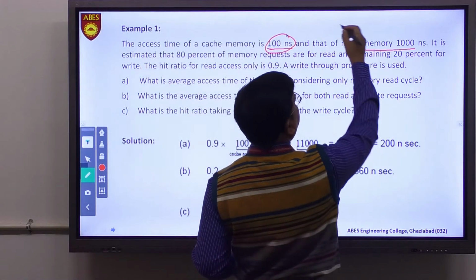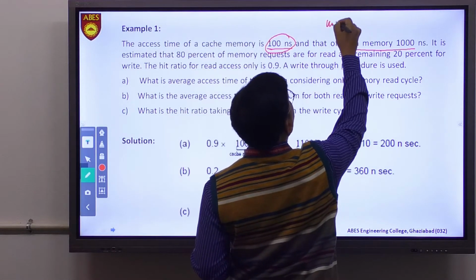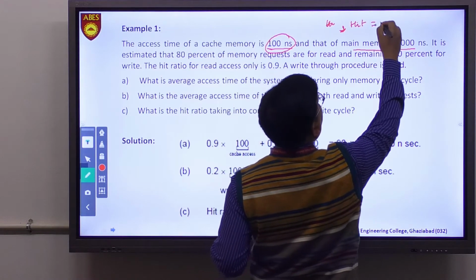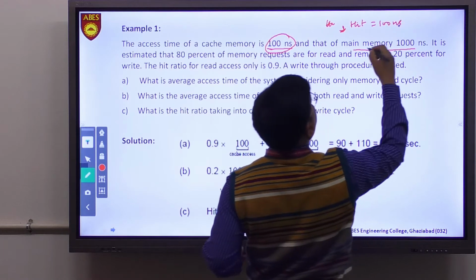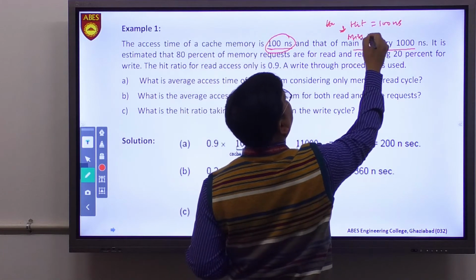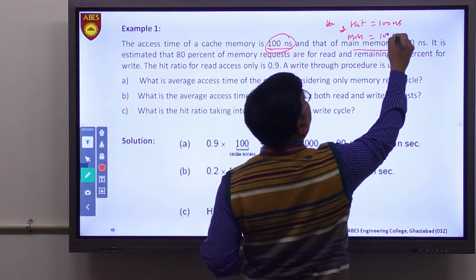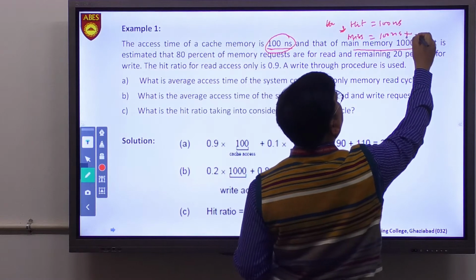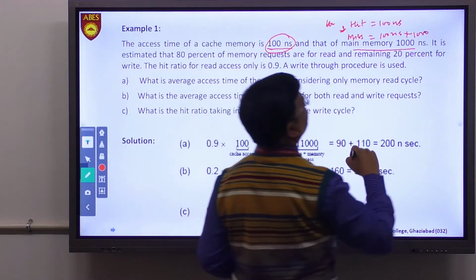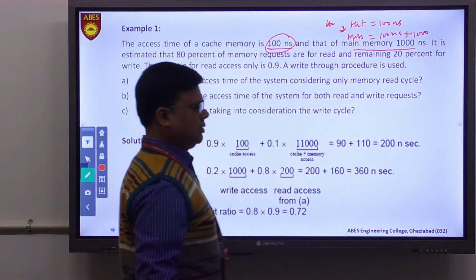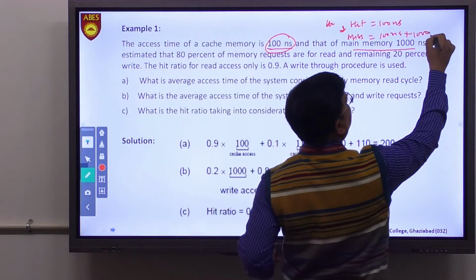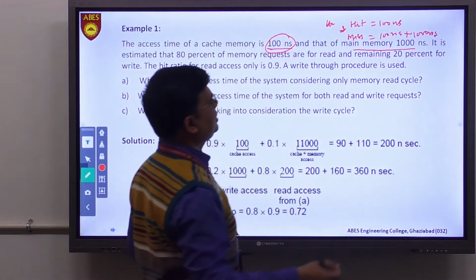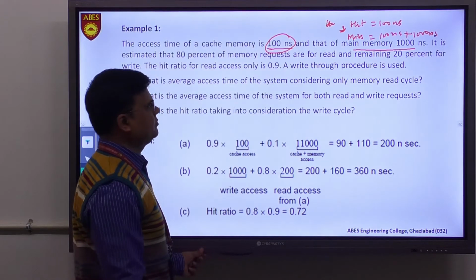So the hit operation will take 100 nanosecond and a miss will take 100 nanosecond to identify that there is a miss and 1000 nanosecond to access the data from main memory. That will be 1100 nanosecond for the miss.